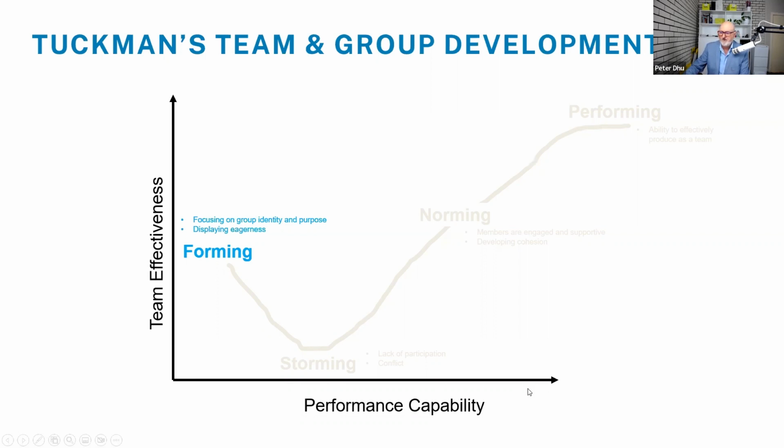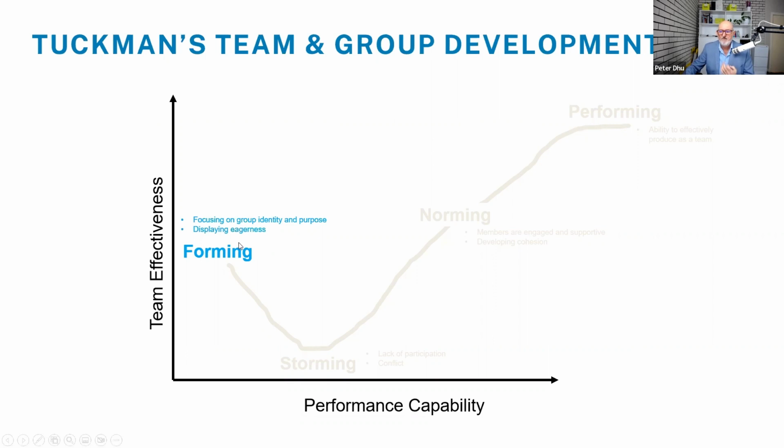And performance improves as the team becomes more formed and they move into that performing stage. So at forming, we focus on the group identity, the purpose, why we're in the room, what we hope to achieve. And my role is to be excited and display eagerness in being there.